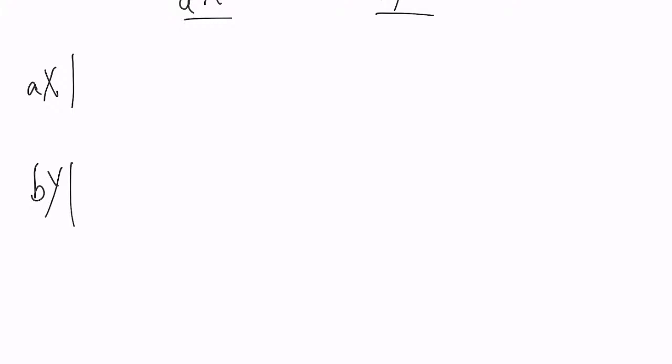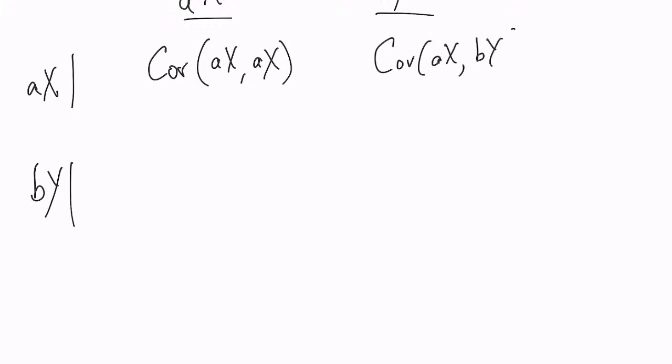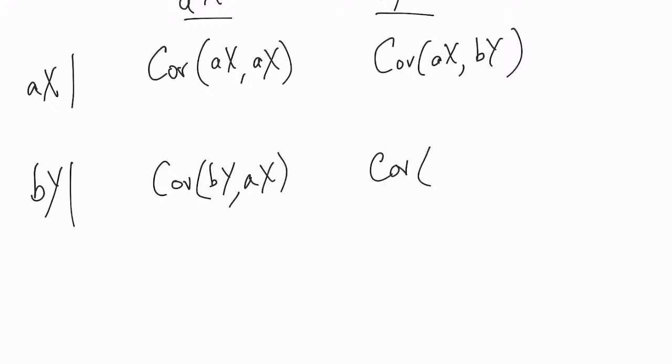And then I'm going to consider them and how they correlate or covary. So I'm going to combine the covariance of ax with ax, the covariance of ax with by, the covariance of by with ax, and the covariance of by with by.